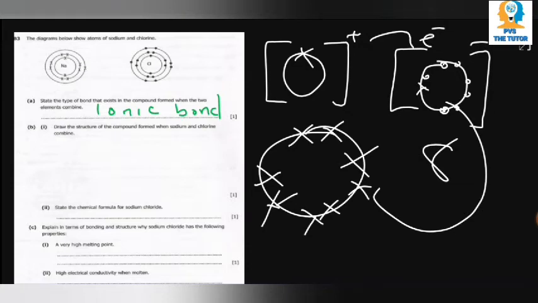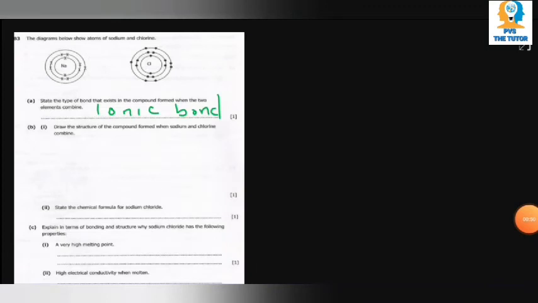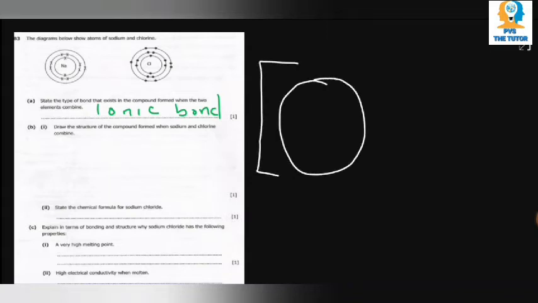So let's draw the compound that is formed. The compound formed can be drawn like this. I'll just show the outer shells, by the way. Sodium is going to have 8 electrons, because 1 electron has already been lost to chlorine.